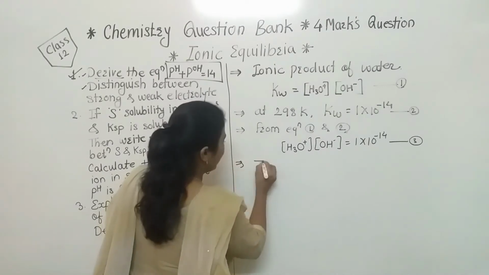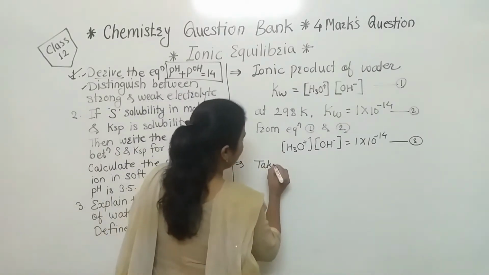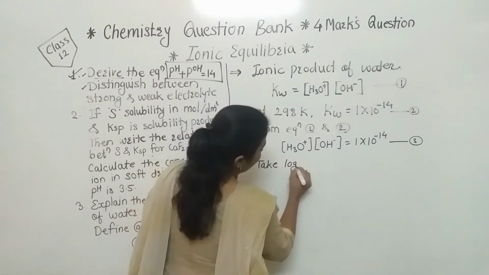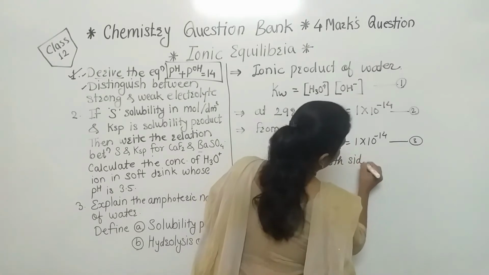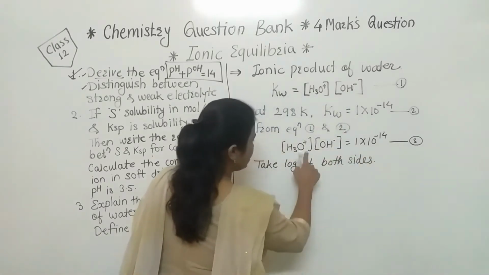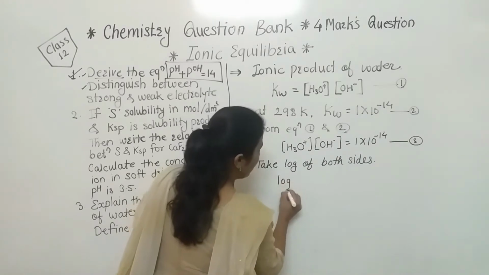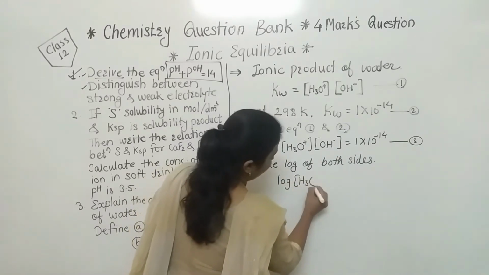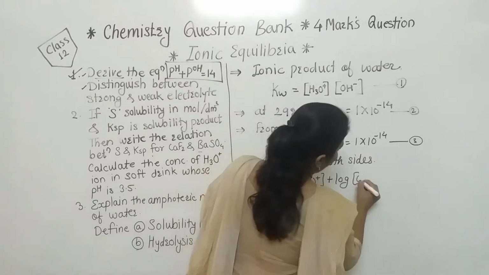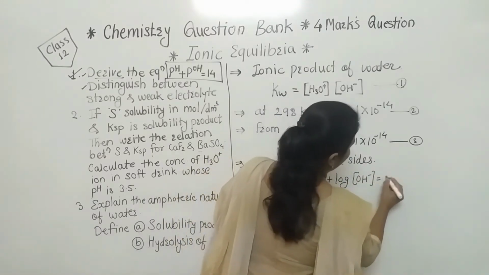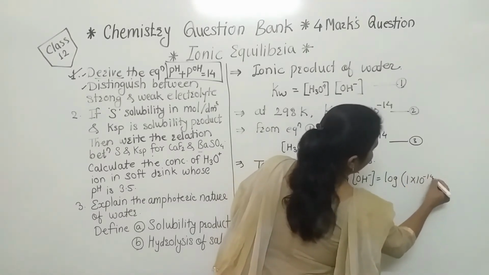Now we are taking here logarithm of both sides. So take log of both sides, and then what will be there? See, these two brackets are multiplied to each other. So log of H3O plus plus log of OH minus is equal to log of 1 into 10 raised to minus 14.